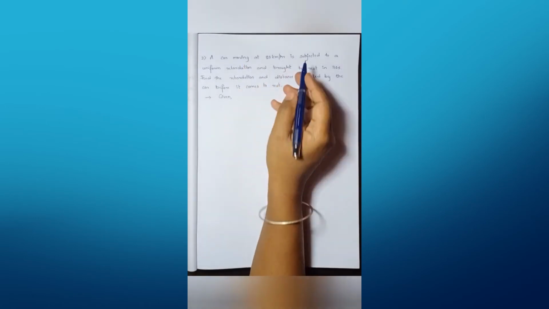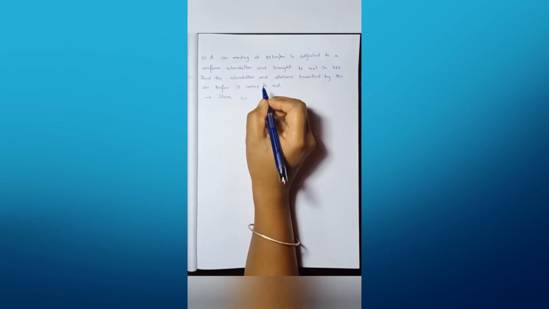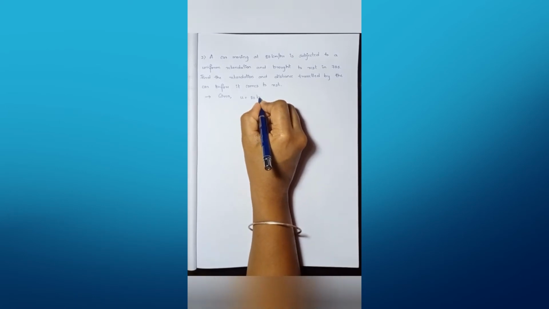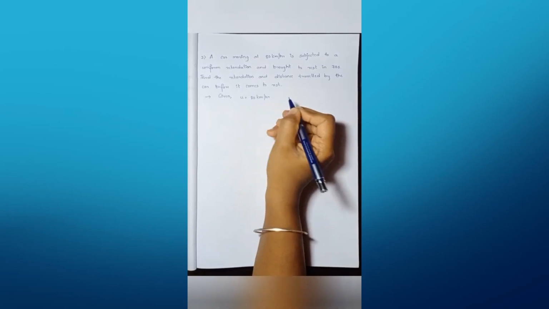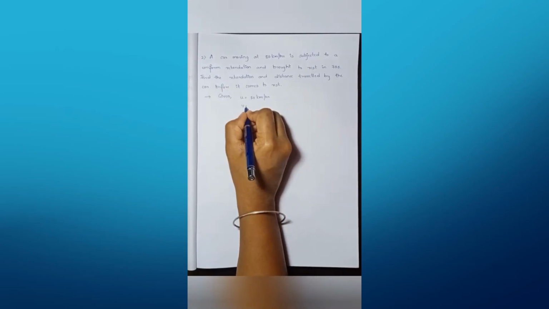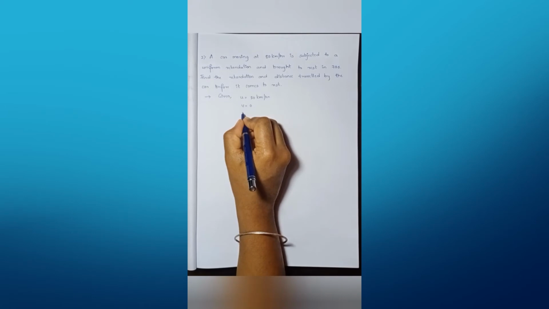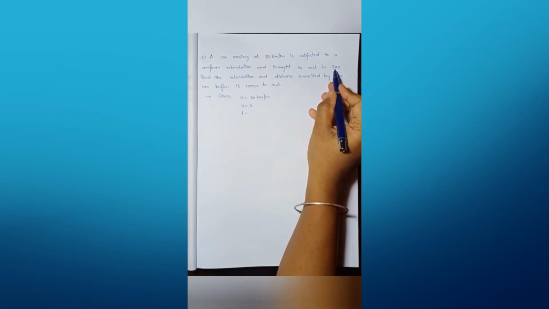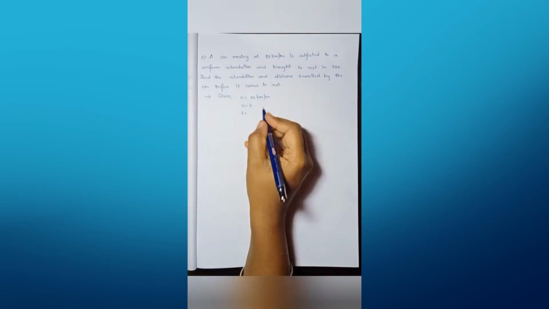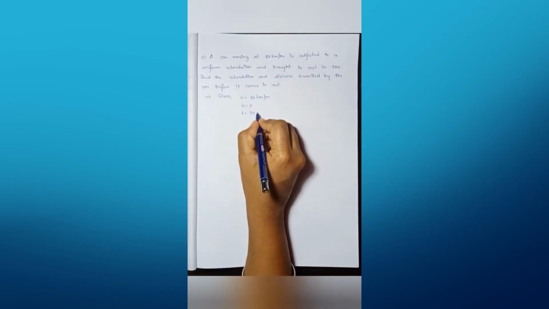What are the given things? The initial velocity u is 80 kilometer per hour, and the final velocity v is 0, and the time taken they have given us is 70 seconds. It is brought to rest in 70 seconds.